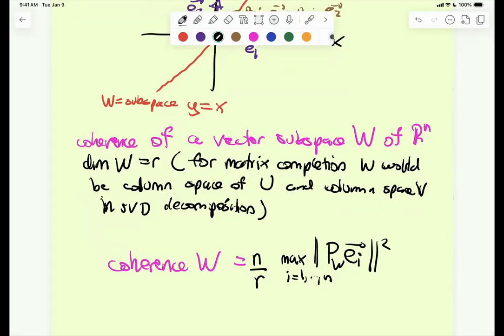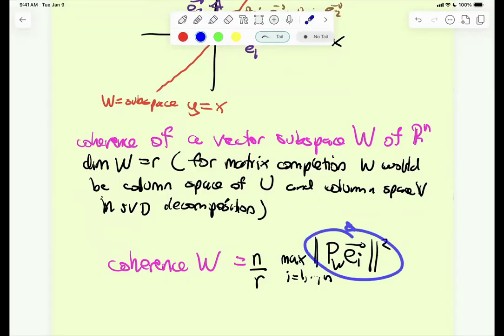Because the idea is that a projection can only decrease the length of a vector, if that makes sense, right? So for the projection of e_i, the most the length of the projection vector squared can be is 1, right?